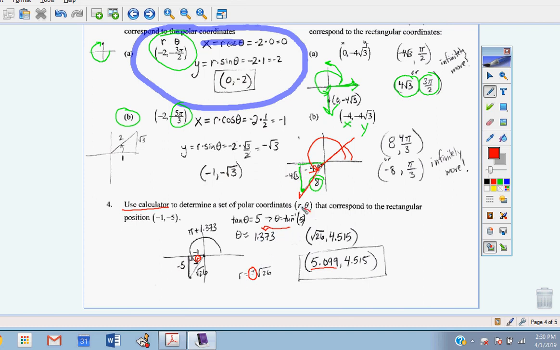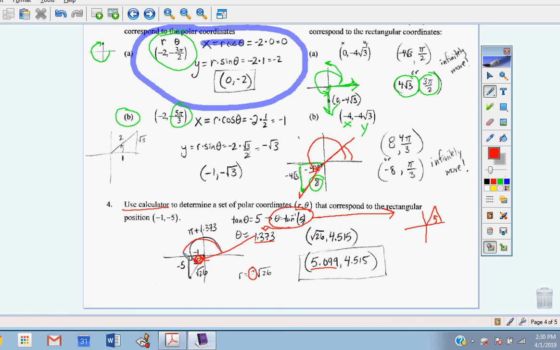Well, again, technically, guys, when we're doing this, an inverse problem is restricted for tangent into first or fourth quadrant. Since it's positive, it's going to be this quadrant here, but you're just coming up with the reference angle. So know that this angle right here is 1.373. That's what the little angle is.